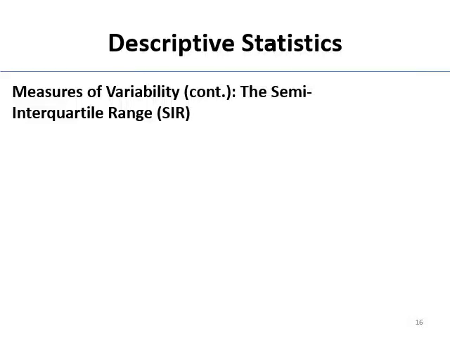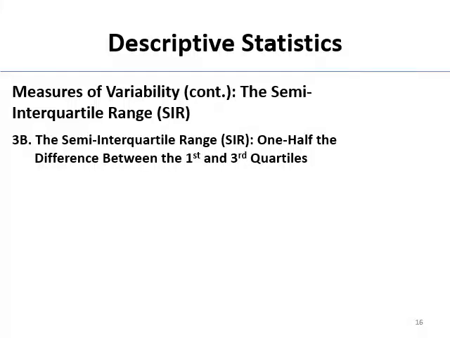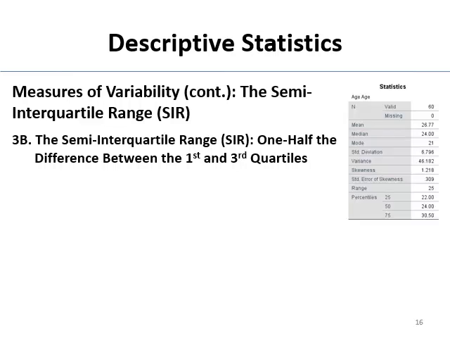The next measure of variability, which is a little more complex quantitatively, is the semi-interquartile range. Again, it is one half of the difference between the first and third quartiles. SPSS gives us our percentiles, and the first quartile is the 25th percentile. The third quartile is the 75th percentile.